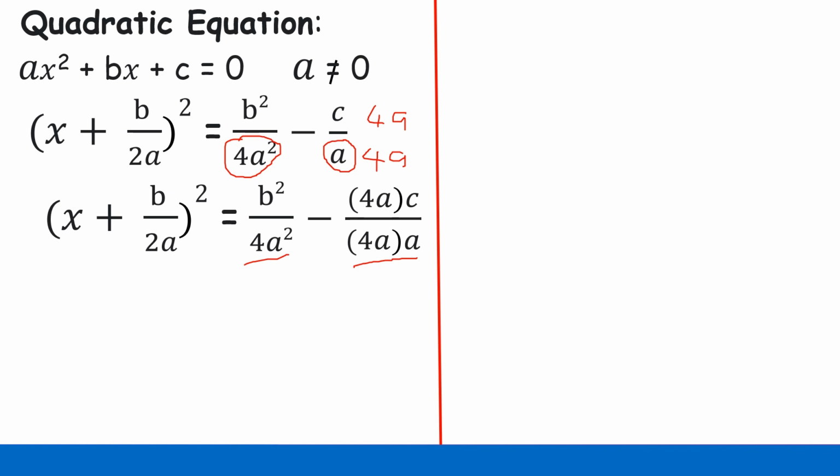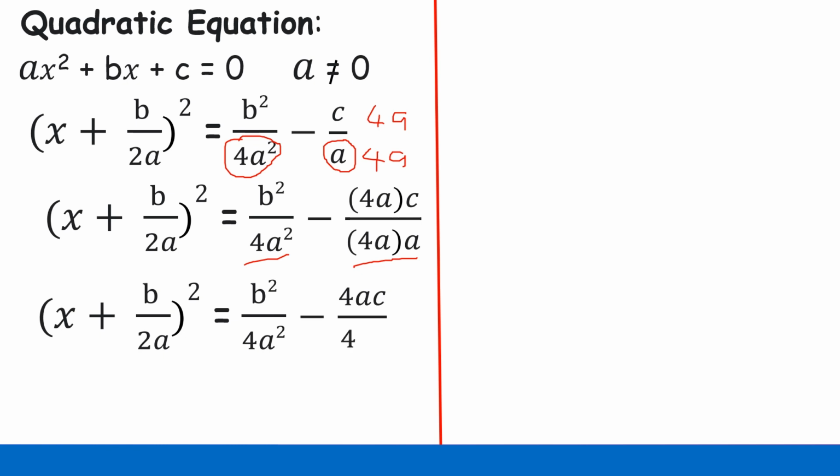Now let's simplify this further. We have x plus b over 2a all squared is equal to b squared over 4a squared minus 4ac all over 4a squared. So we have succeeded in having the same denominator. It therefore means we can combine the expression into one.